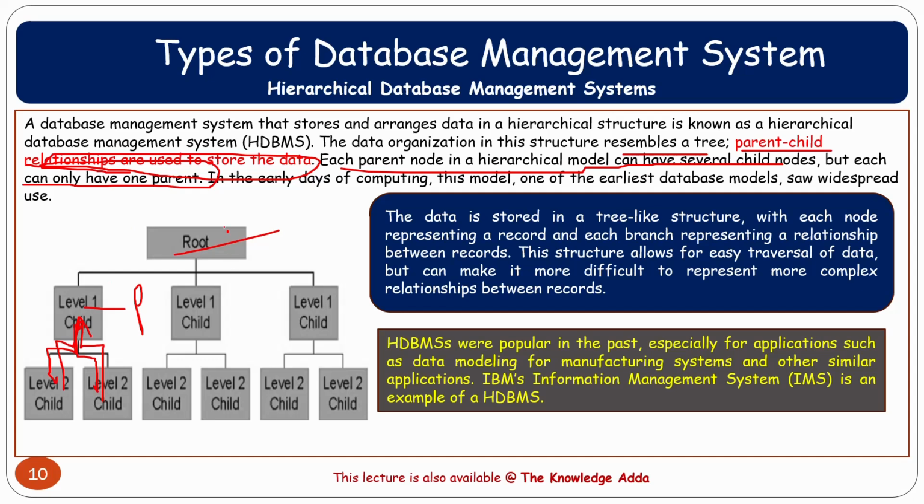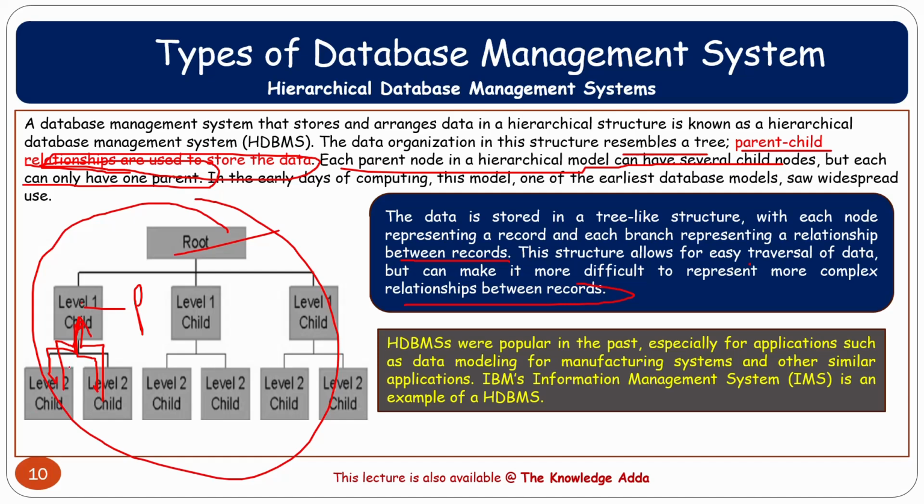So this is basically the structure of a hierarchical database management system, and the data is stored in a tree-like structure with each node representing a record and each branch representing a relationship between the records. This structure allows for easy transfer of data, but can make it more difficult to represent more complex relationships between the records.